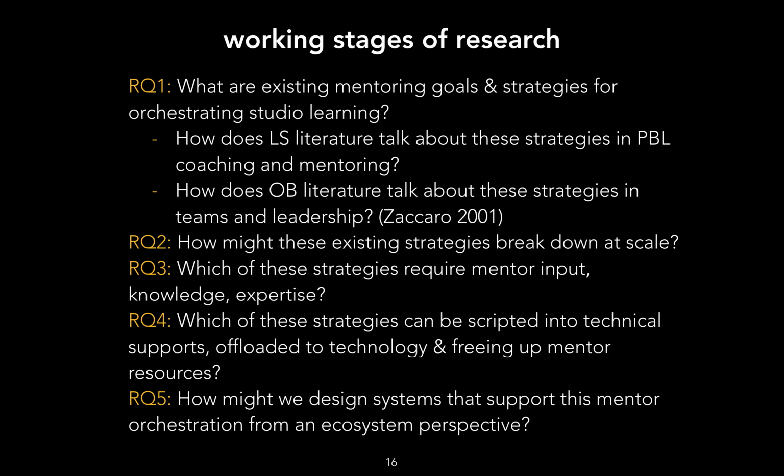And then once I have a sense of what these existing strategies and goals are, I'm curious about how they break down, and in particular, how those strategies break down as we begin to scale. And beyond that, when we get a sense of these different breakdowns, which of the strategies that are breaking down require mentor input.